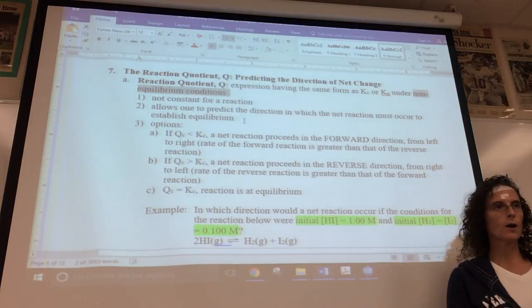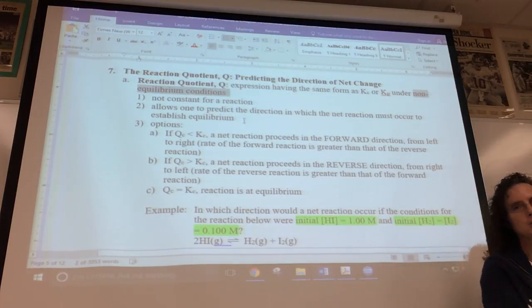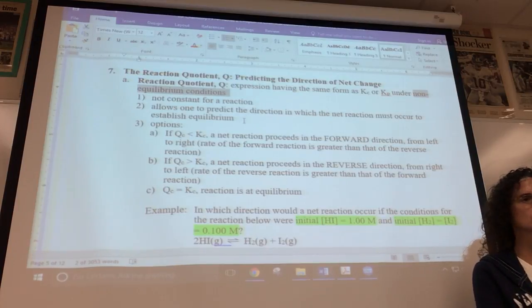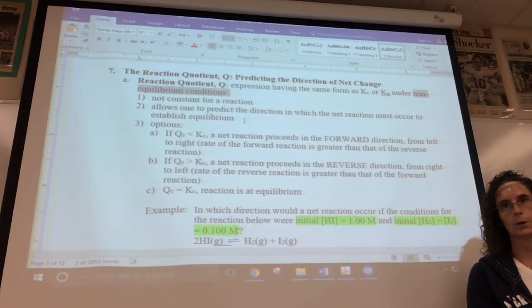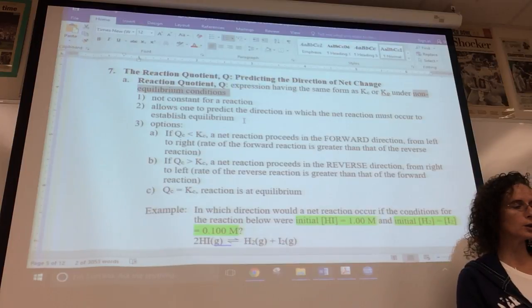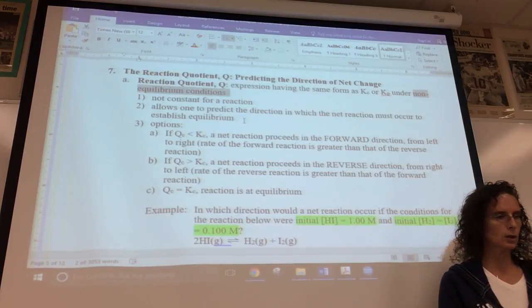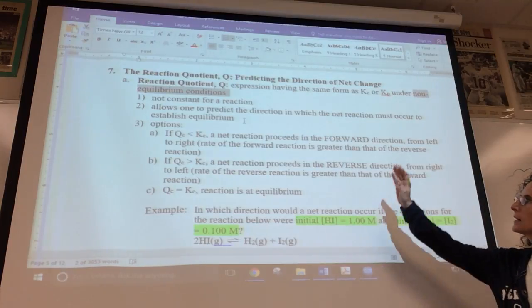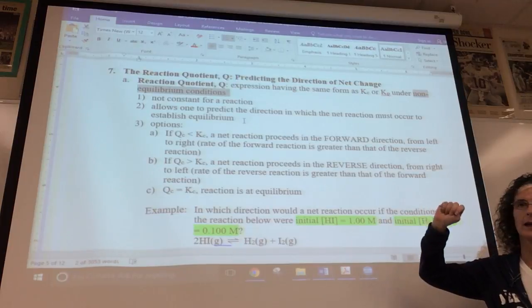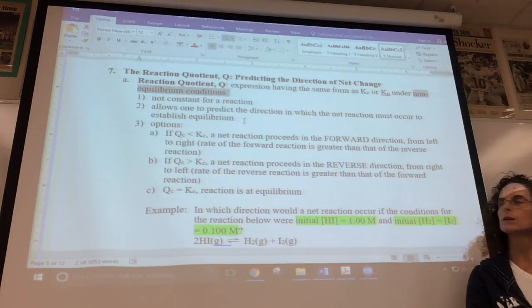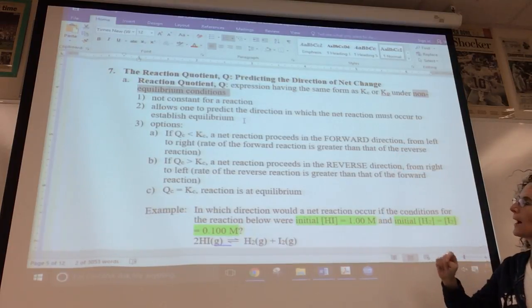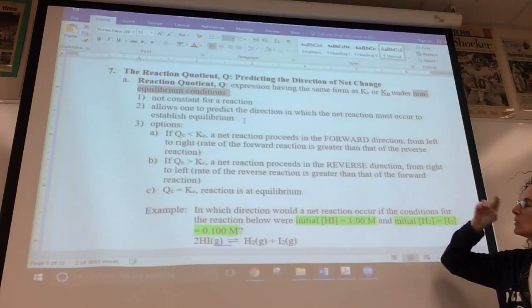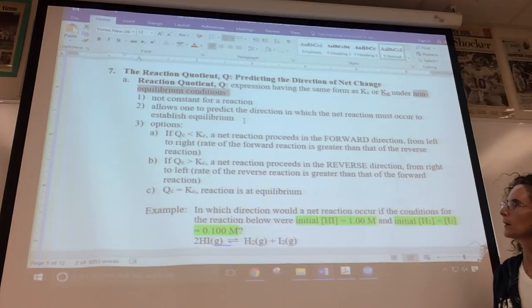For the most part, you're going to be under initial conditions unless you do something to a system at equilibrium. So Q is going to go with initial concentrations or initial pressures. It's not going to be constant for a reaction the way Keq is. You can predict whether the reaction is going in the forward or reverse direction in order to establish equilibrium.